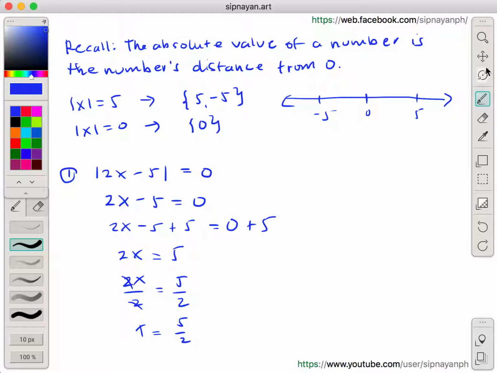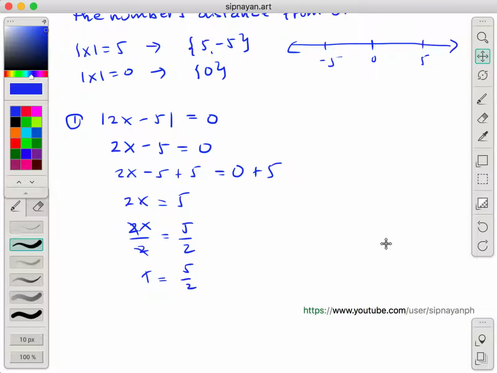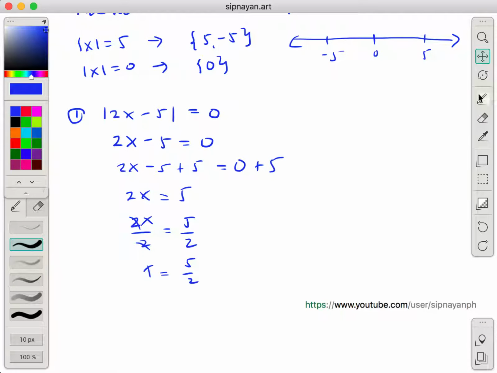So, the solution to the absolute value equation, absolute value of 2x minus 5 equals 0, is 5 halves. When we talk about a set or an inequality, we put it in curly brackets.